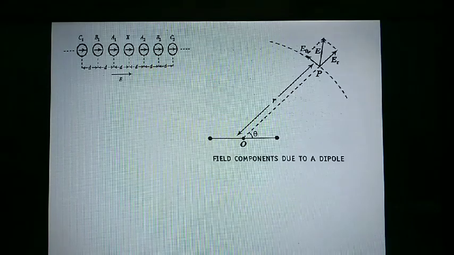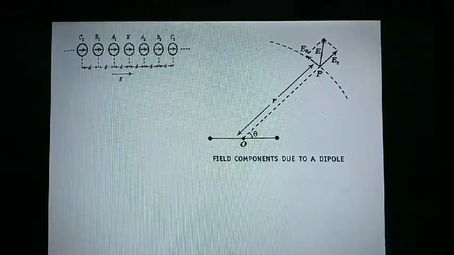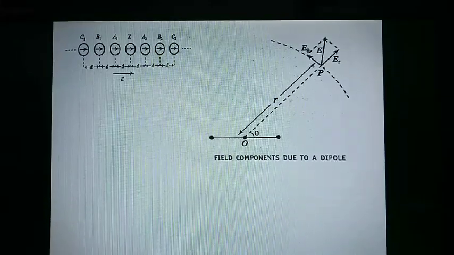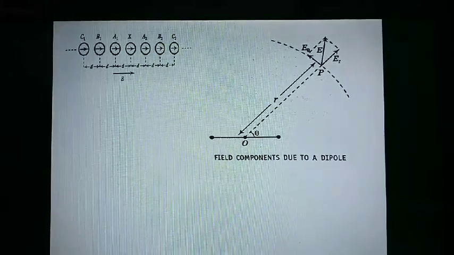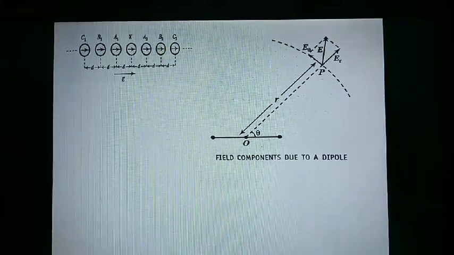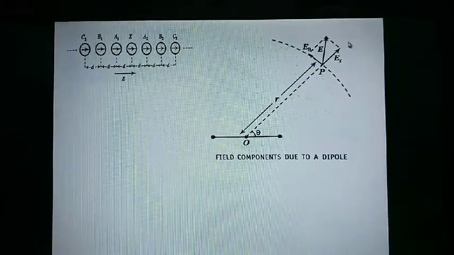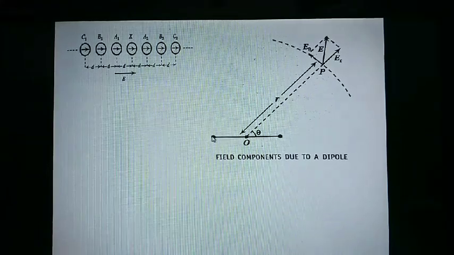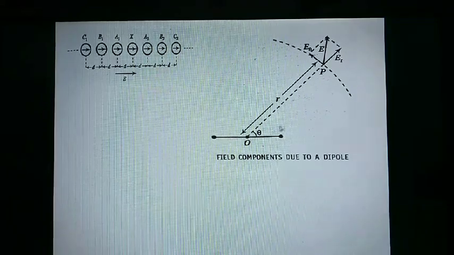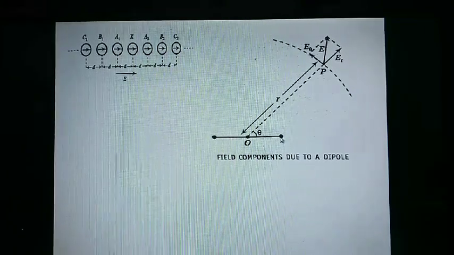Now in order to have an expression for the electric field at the site of this particular dipole, let us say X, consider another diagram in which the dipole is shown to have two charges. This can represent one charge, this is the other charge.